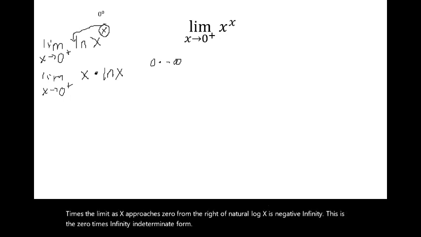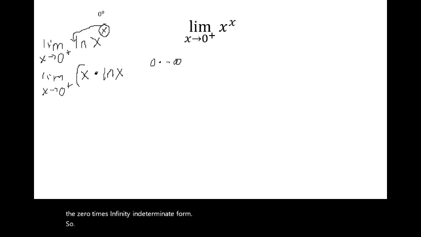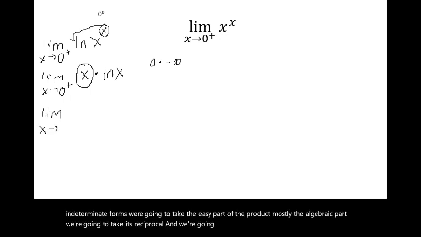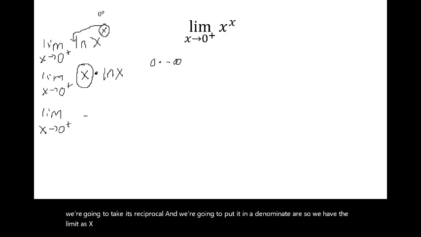So we're going to use that same strategy that we used for any of the other 0 times infinity indeterminate forms. We're going to take the easy part of the product, mostly the algebraic part, take its reciprocal and put it in a denominator. So we have the limit as x approaches 0 from the right of the natural log of x over 1 over x.